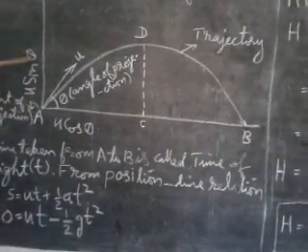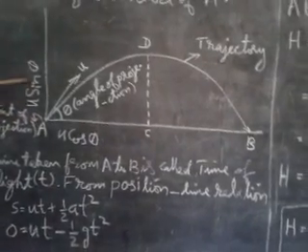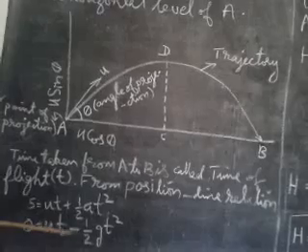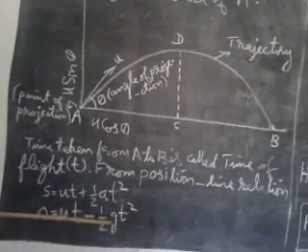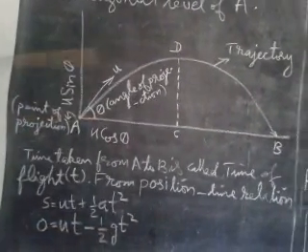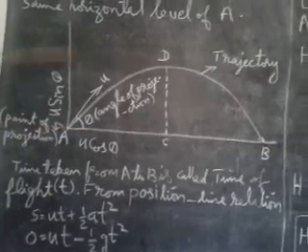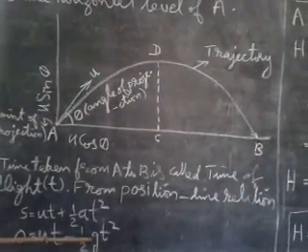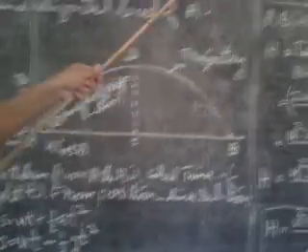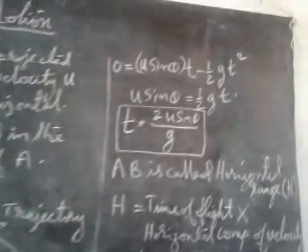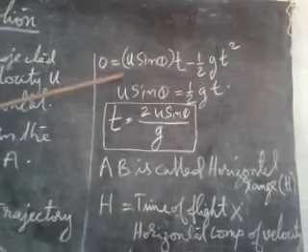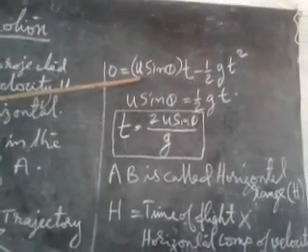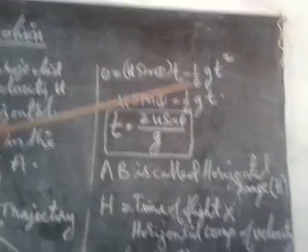So in that case we should consider the vertical velocity: ut minus half gt square. G is taken as minus since this is upward motion. So the vertical shift is 0, equals ut minus half gt square.